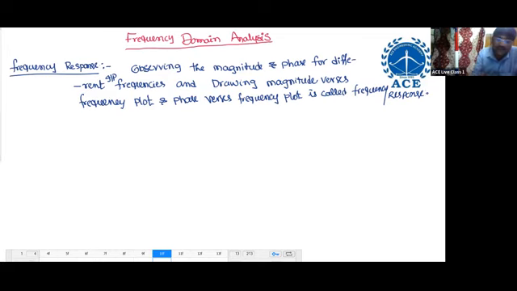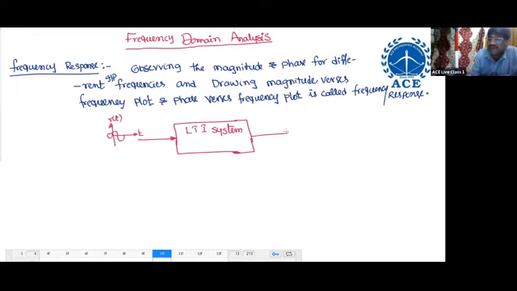See, one more thing to remember: for any LTI system, if the input is sinusoidal, the output is also sinusoidal, but the difference is magnitude and phase.